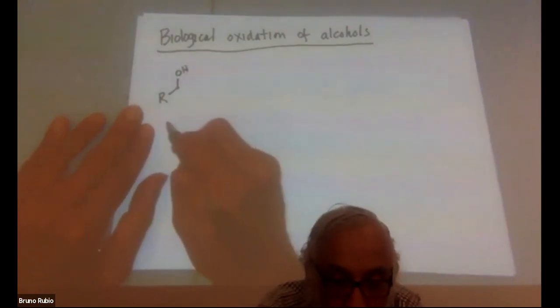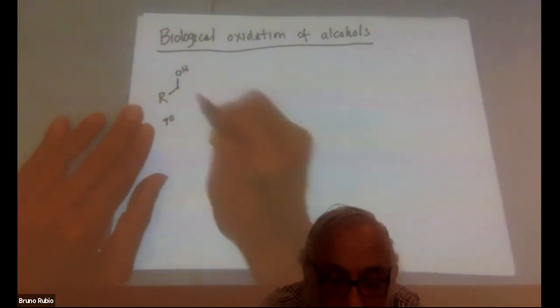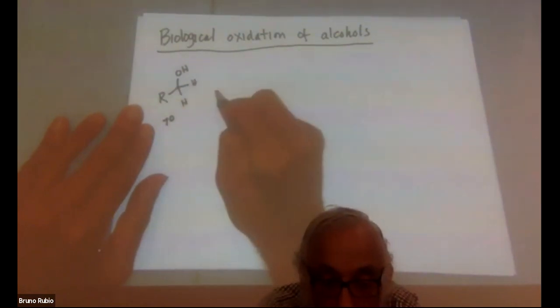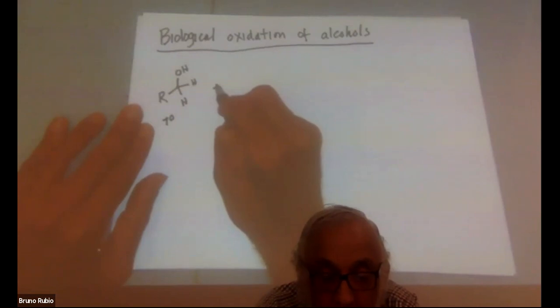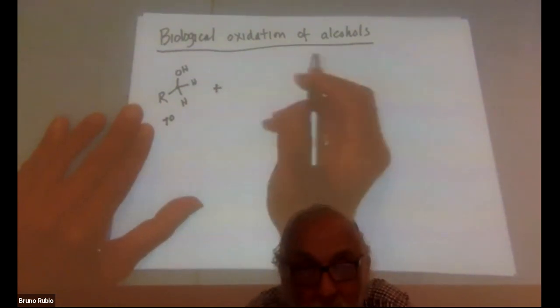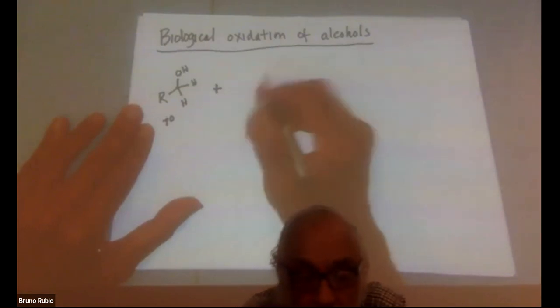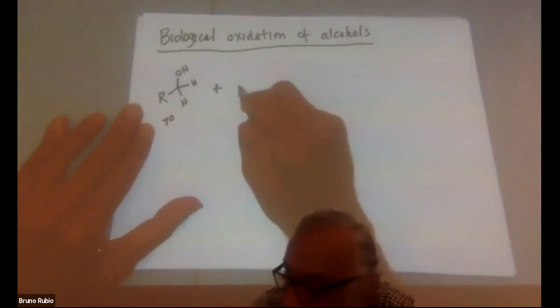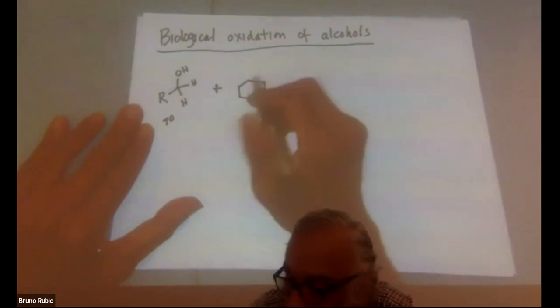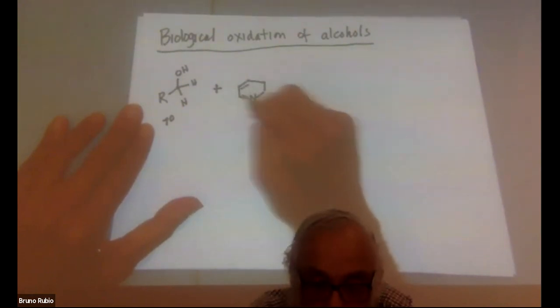So there's our primary alcohol, and the biological oxidant is called NAD+. Let's just write down the overall reaction and the overall mechanism.